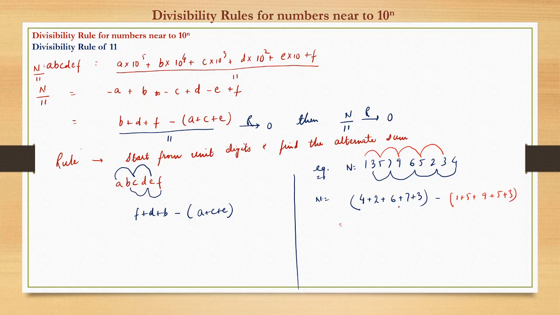This becomes 4 2 6, 6 2 and 7 19, 3 22, and here it becomes 1 plus 5 6, 9 15, 15 5, 20 plus 3, 23. So it is minus 1. Since minus 1 is not divisible by 11, hence this n is not divisible by 11. What will the remainder be? Remainder would be minus 1. Minus 1 means 10; 10 will be the positive remainder.